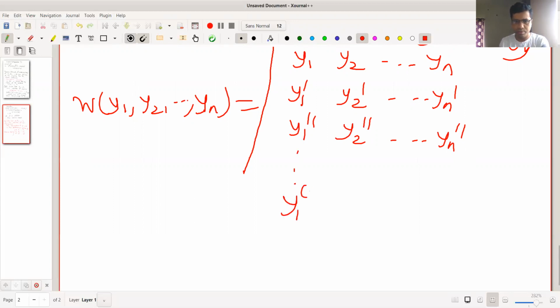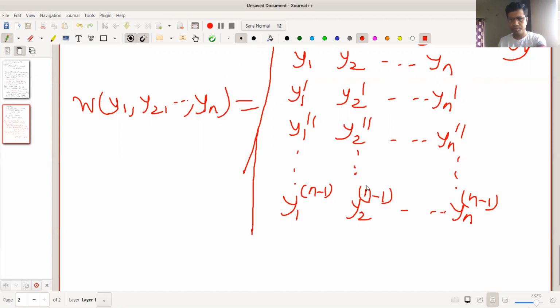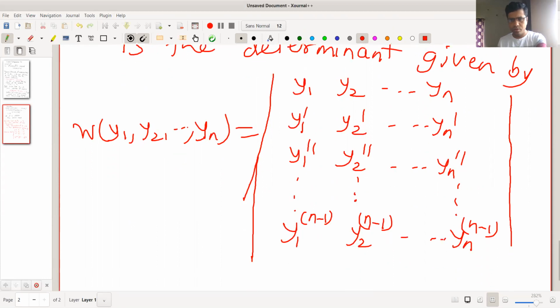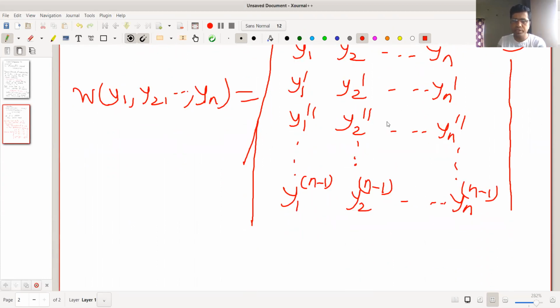So y1 n minus 1 order derivative, y2 n minus 1 order derivative, and so on, yn n minus 1 order derivative. So this is an n by n matrix, so we can have its determinant, and it can be evaluated at any point x in the domain.